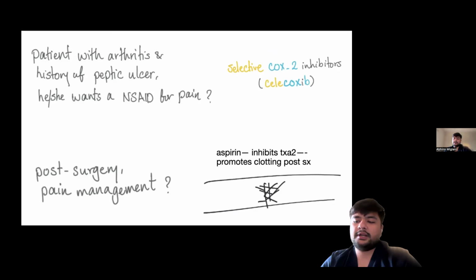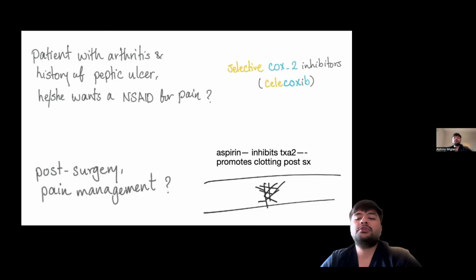So let us come to some clinical examples. A patient with arthritis and a history of peptic ulcer wants an NSAID for pain. Here we have selective COX-2 inhibitors like celecoxib. And for post-surgery pain management, what should be used? Aspirin can be used because it inhibits thromboxane A2.